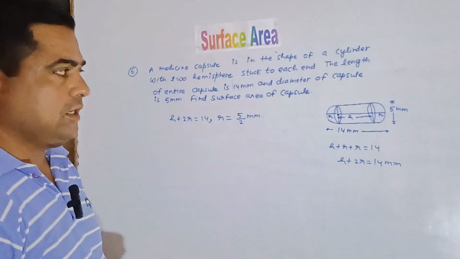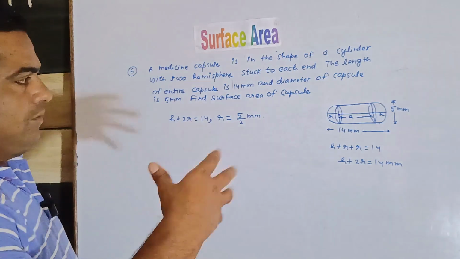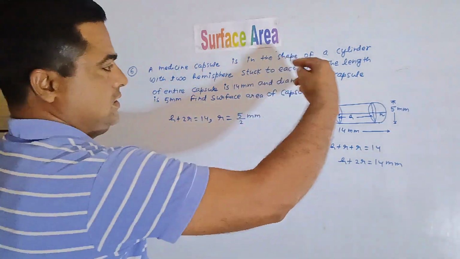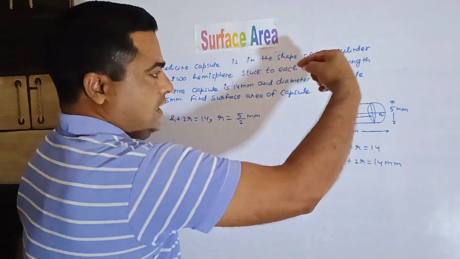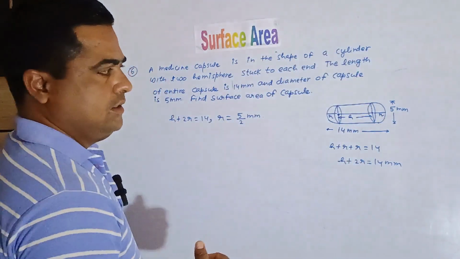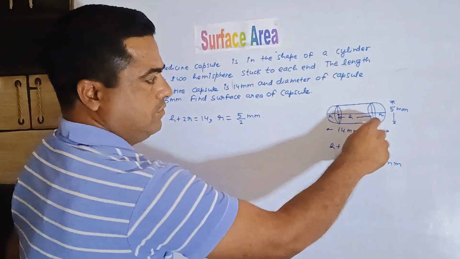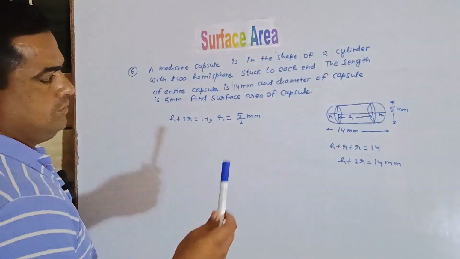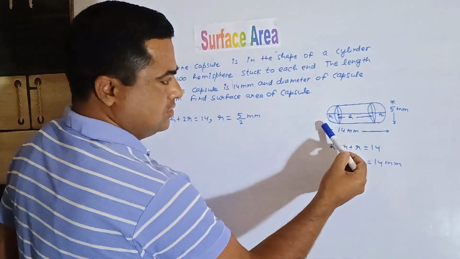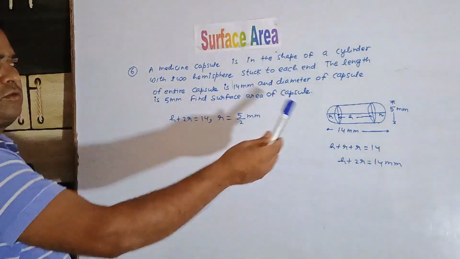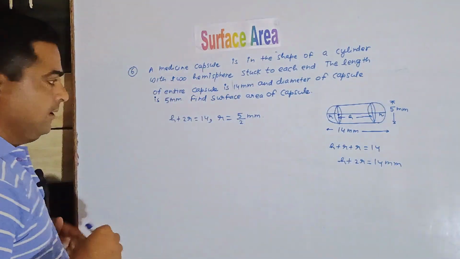Students, again we will use the painting concept here. How will we paint this surface of the capsule? First of all, we will paint the curved surface area of a cylinder and the curved surface area of two hemispheres. So this will be the total surface area of the solid.